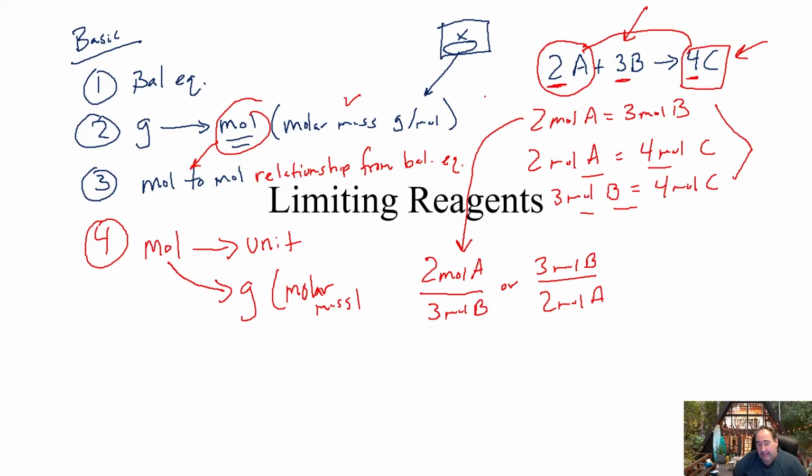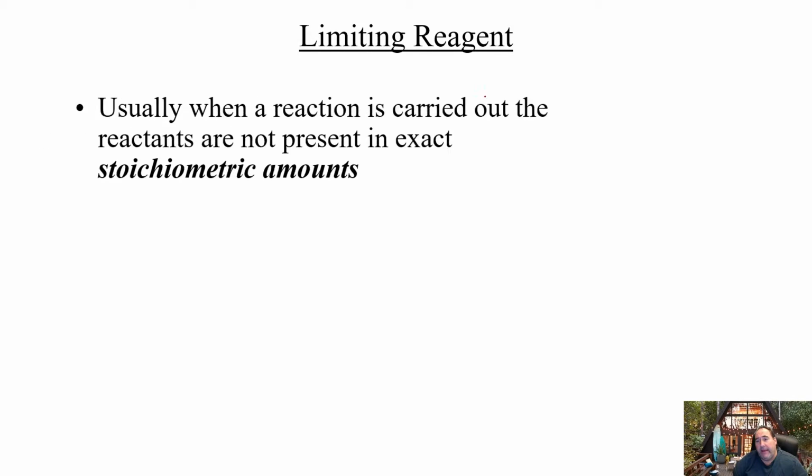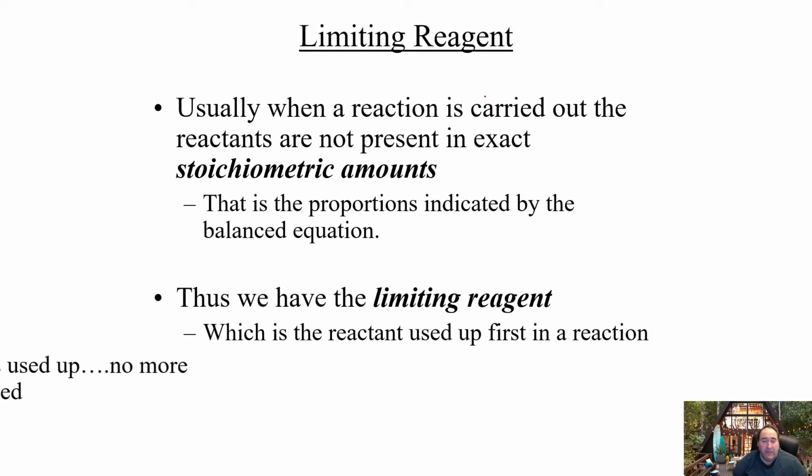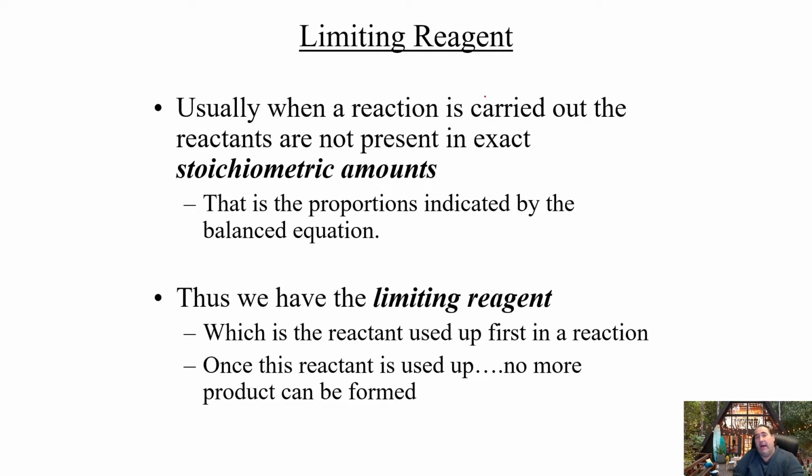It's really the idea that no matter what happens in a chemical reaction, there's always going to be a reactant that gets used up first. And there will also usually be a reactant that you have plenty of. So when this reaction takes place, they do not perfectly use up each other exactly.